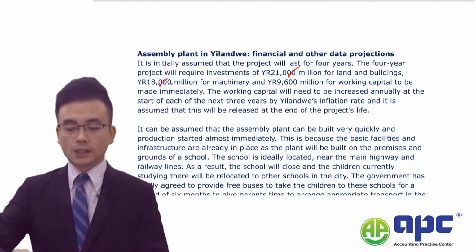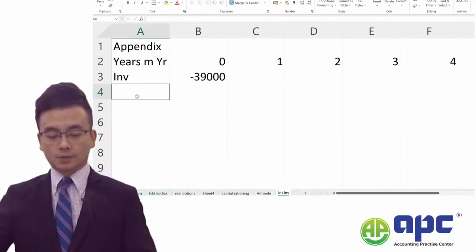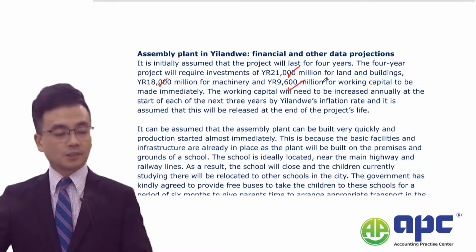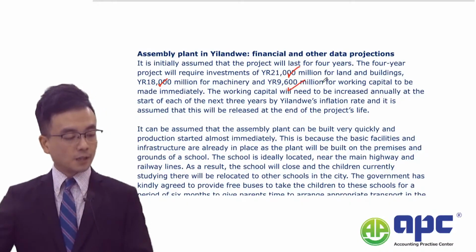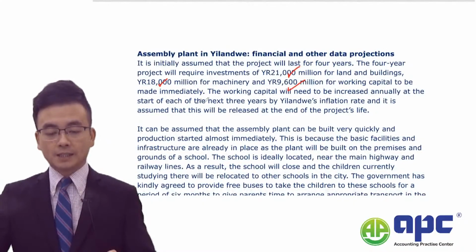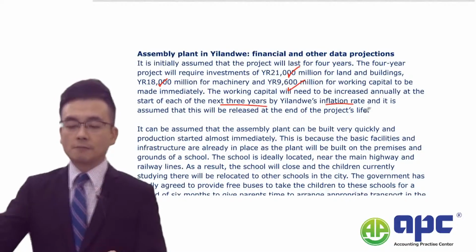And also we've got the working capital needed. Okay, so WC, or working capital, that we need 9,600. All right, 9,600. But working capital increases annually at the start of the next 3 years at the Yulandwi inflation rate.